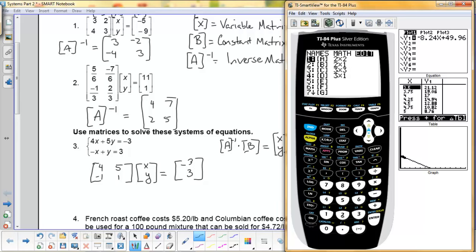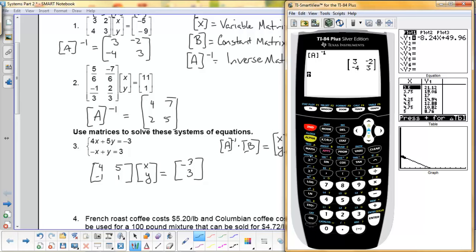This time we're going to edit matrix B. You likely don't have this matrix inputted yet, so it's 2 rows by 1 column, and that's going to give you the proper matrix to insert your constant matrix into. Quit out of there, and then remember we're going to take the inverse of A and multiply it by B.